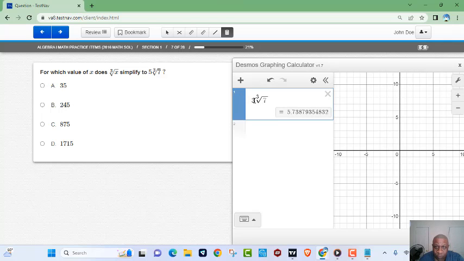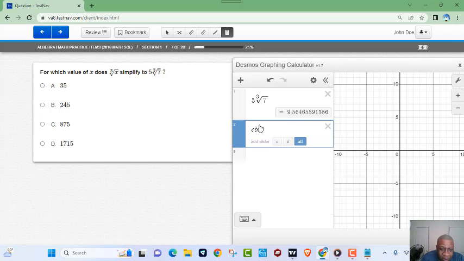Oops, I put 3 cube root 7. Let me go change that. 5 cube root 7. We see it's this decimal here. So all we need to do is take the cube root of each of these and see if it gives us that decimal. All right, let's see. So CBRT, cube root 35 is 3.2.